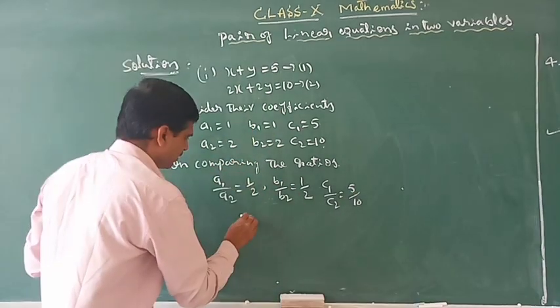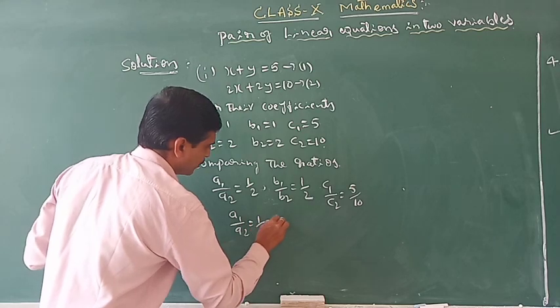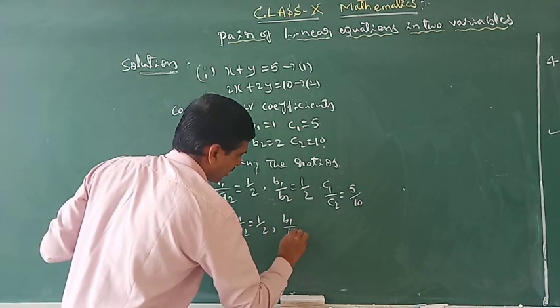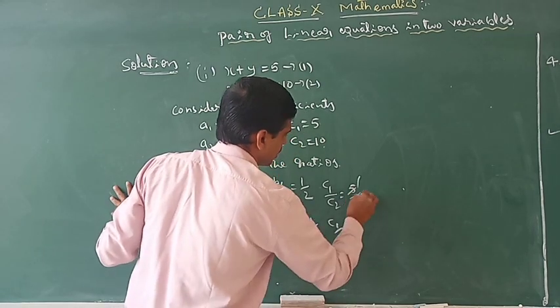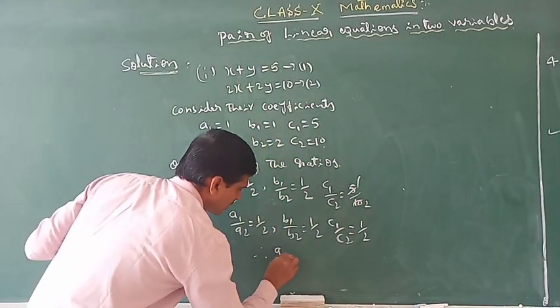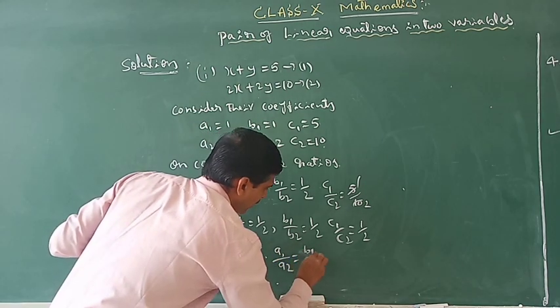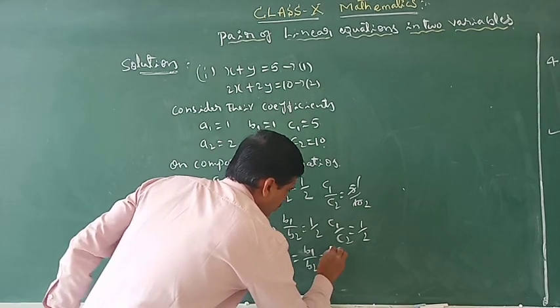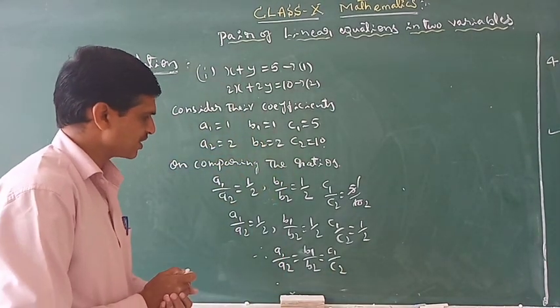Simplifying, A1 by A2 is 1 by 2, and C1 by C2 is 5 ones are 5, 5 twos are 10, so 1 by 2. Here all are equal. Therefore, our conclusion is A1 by A2 is equal to B1 by B2, and it is equal to C1 by C2. Hence, what kind of pair of linear equations are these?